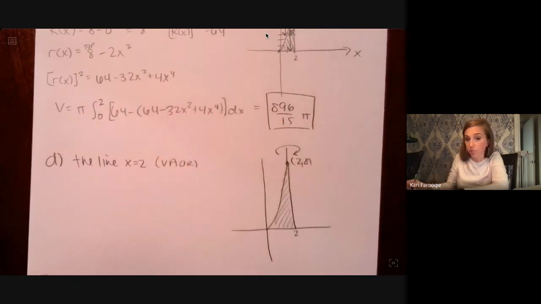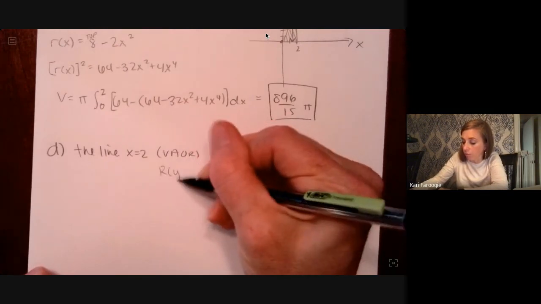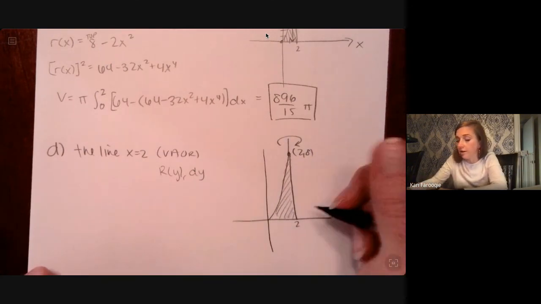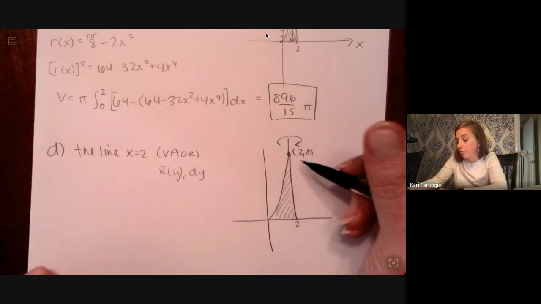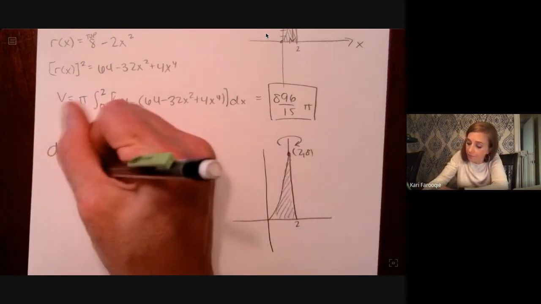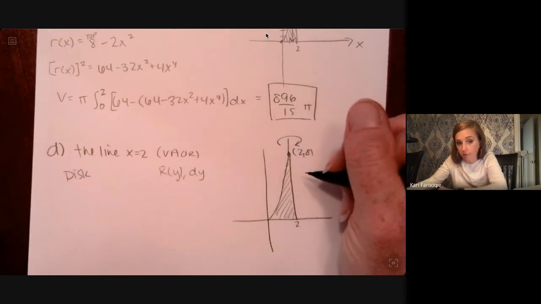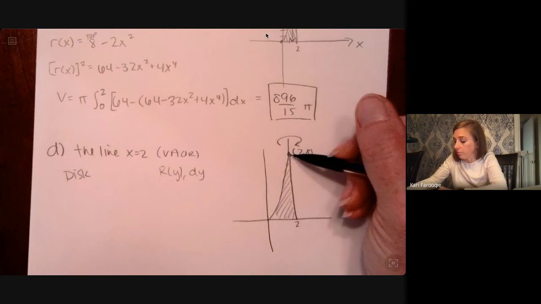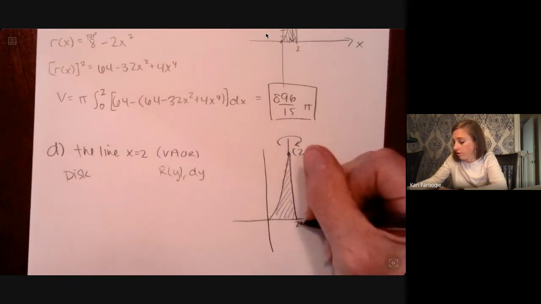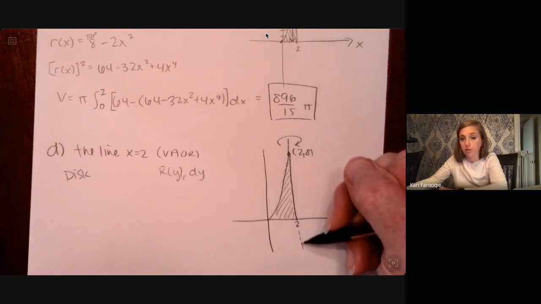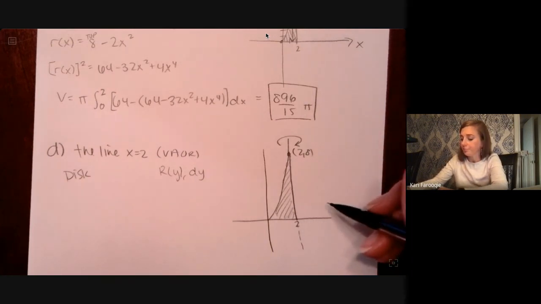So that means that I would be looking for r of y and dy. And I kind of gave that away there because I'm not looking for a little r of y. Reason being, this would be a disk. If I were to revolve this region about x equals 2, well, my region is flush up against the axis of revolution at every single point in the region. That's why it's a disk.